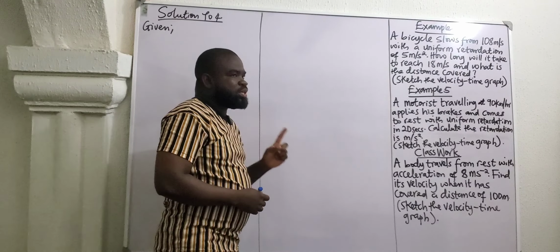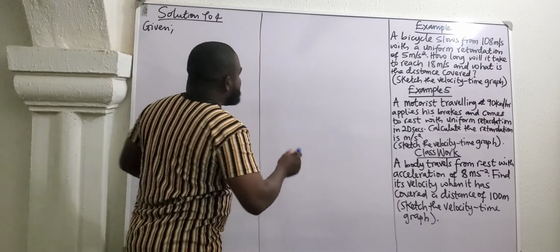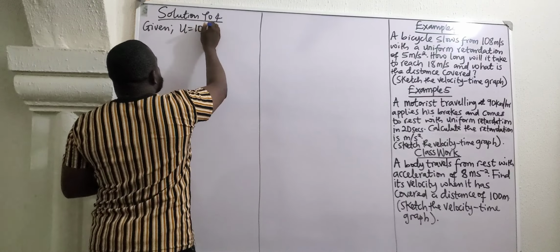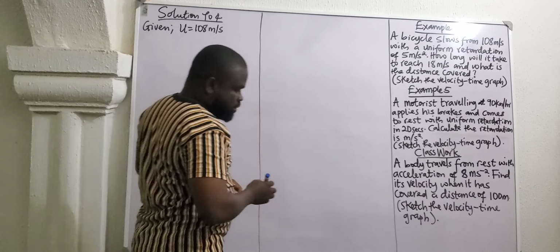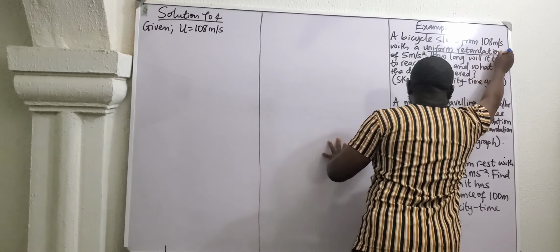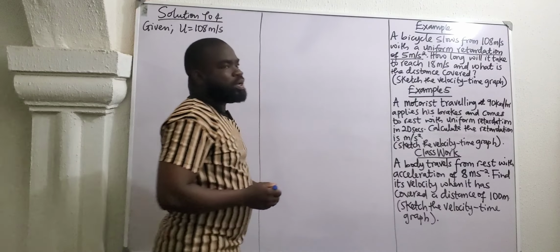The first velocity given is the initial velocity. So we are given initial velocity u as 108 meters per second. Then in the question you are given uniform retardation of 5 meters per second square.